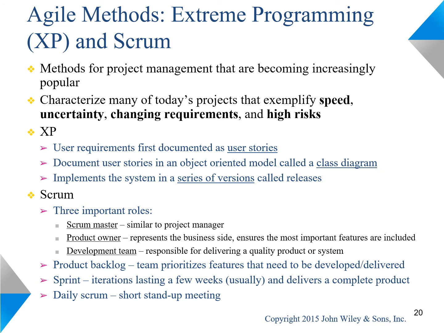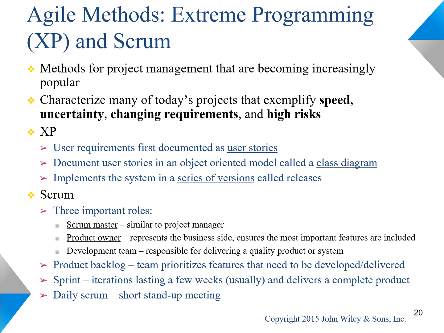Each release is a working system that includes only one or several functions that are part of the full system specification. XP includes a number of activities where the user's requirements are first documented as a user story.